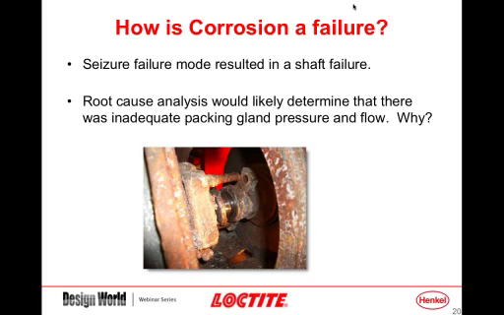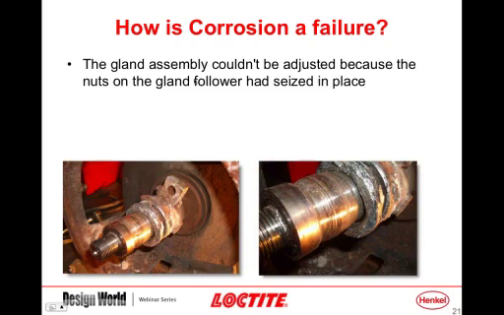When they disassembled it, the most obvious reason that it failed was that it had not been adjusted to allow a weepage of fluid through there as it's designed to. And so you could say there was a failure of the packing.